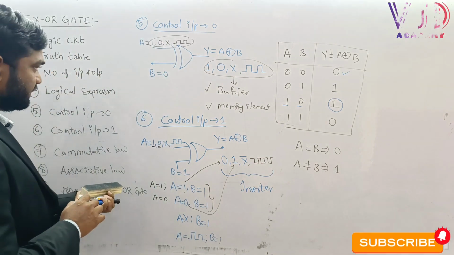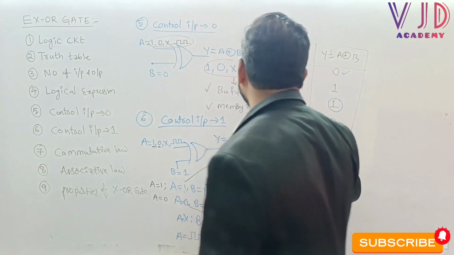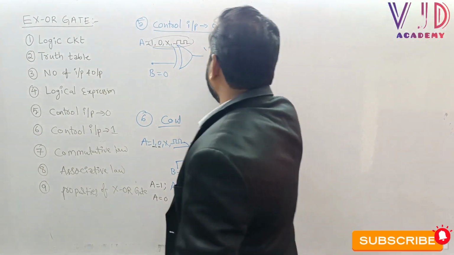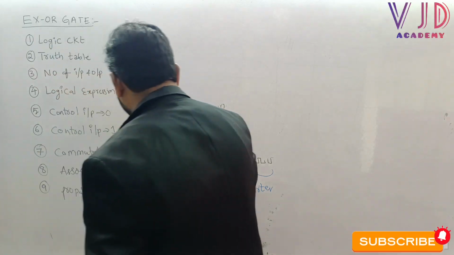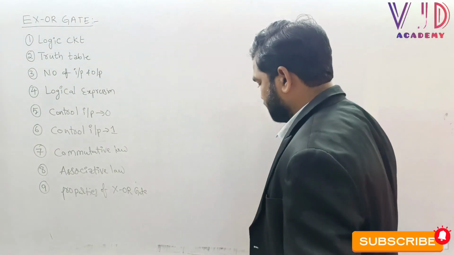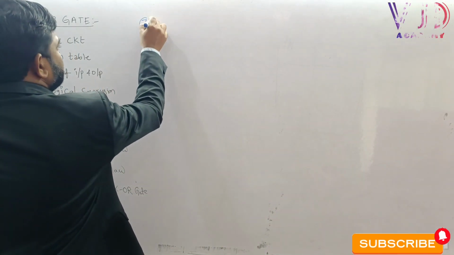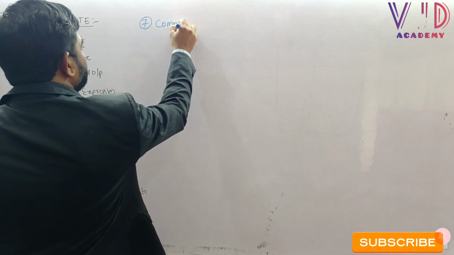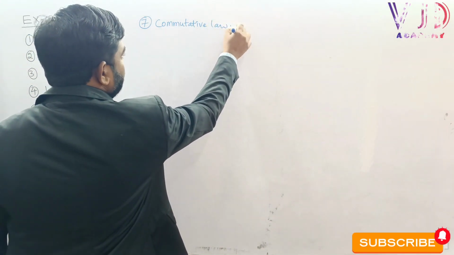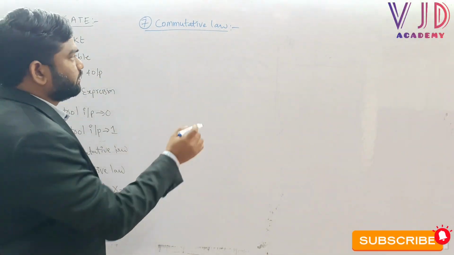And now let me take the seventh condition, commutative law, whether the circuit is following commutative law or not. We know that commutative law means when we interchange the inputs.